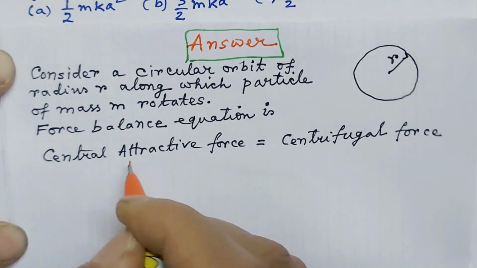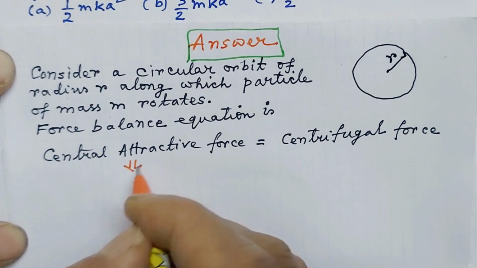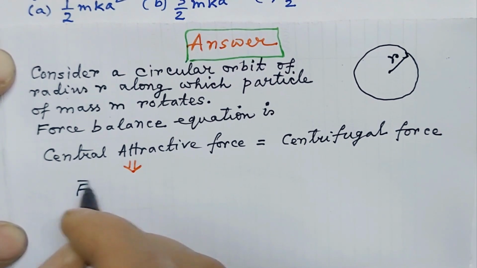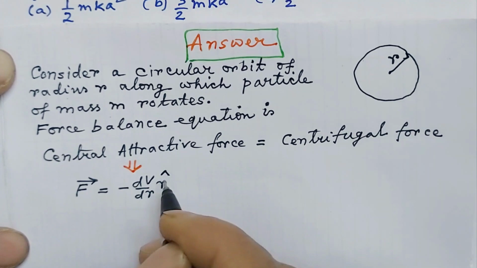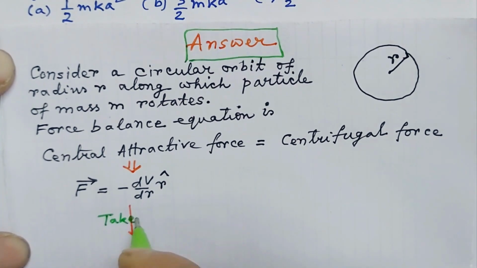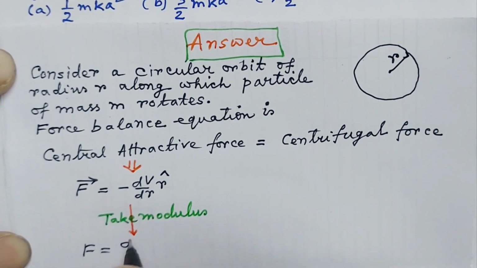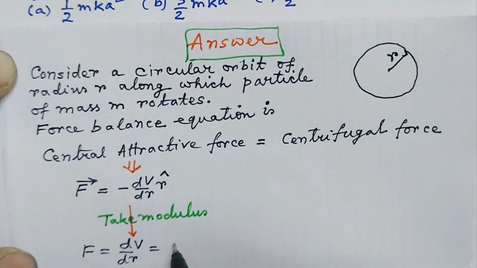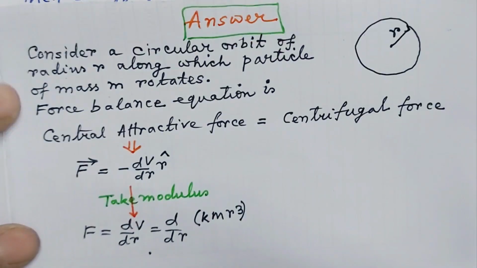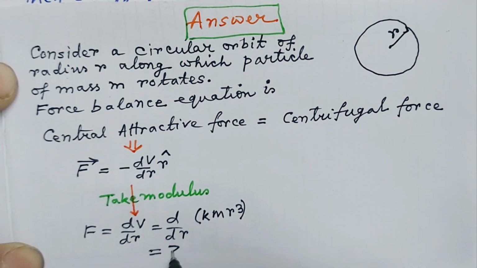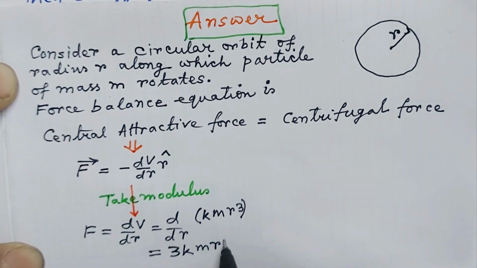Let us consider the central attractive force part. It is vector F equals minus dV/dr times r hat. Taking the modulus, we have F equals dV/dr, and it is equal to d/dr of kmr³. Upon differentiating, we have 3kmr².